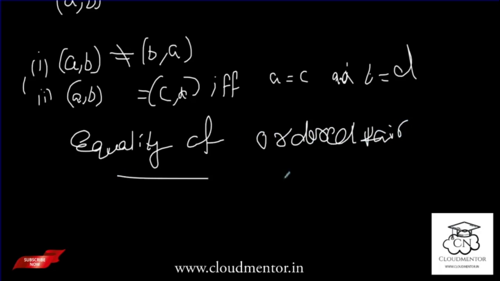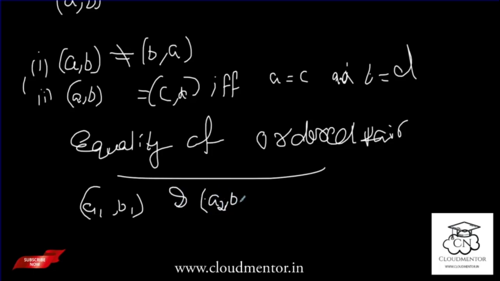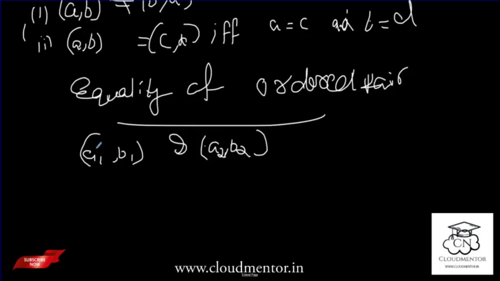Equality of ordered pairs. Two ordered pairs (A1, B1) and (A2, B2) are equal if and only if, as we have talked already, A1 equals A2, that is the first elements are equal, and the second elements are equal, that is B1 equals B2.